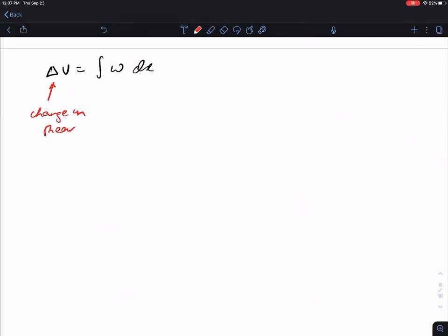So the change in shear is this integral, the area under the distributed loading diagram.